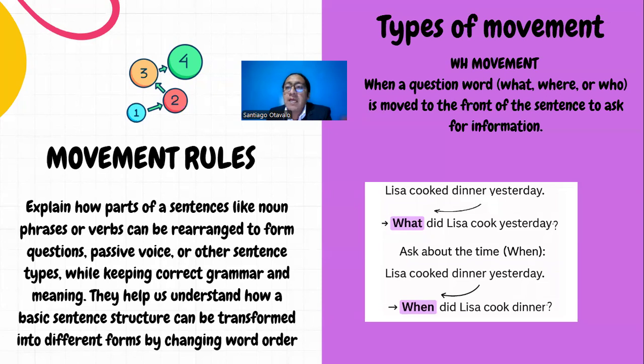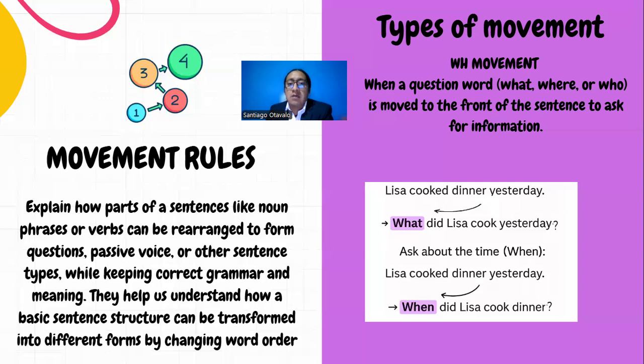order. The types of movement, for example, we have the WH movement, which is when a question word, for example, what, where, or who, is moved to the front of the sentence to ask for information. Here we have an example, and it is, Lisa cooked dinner yesterday.